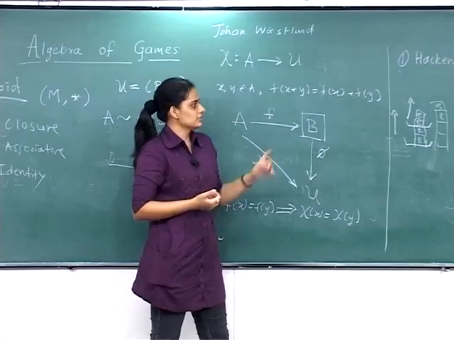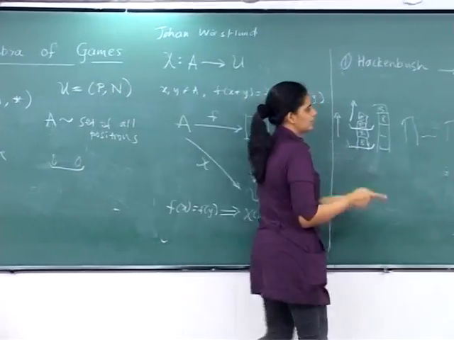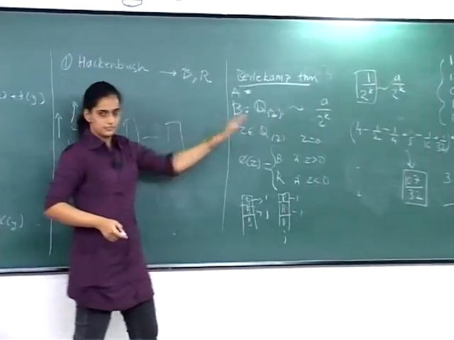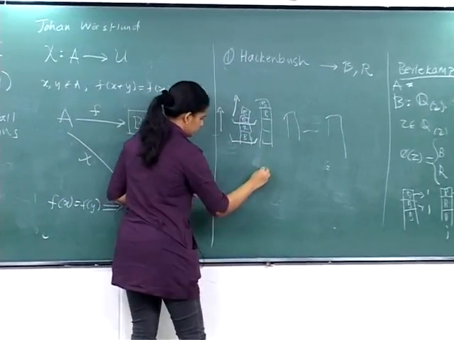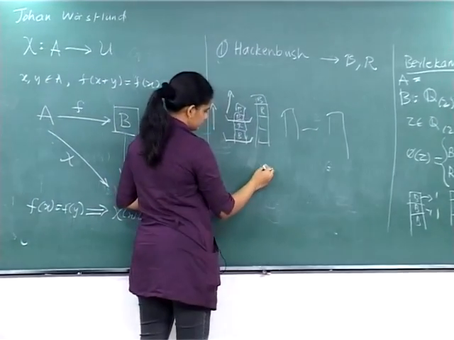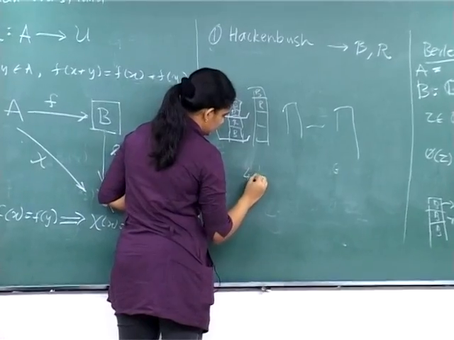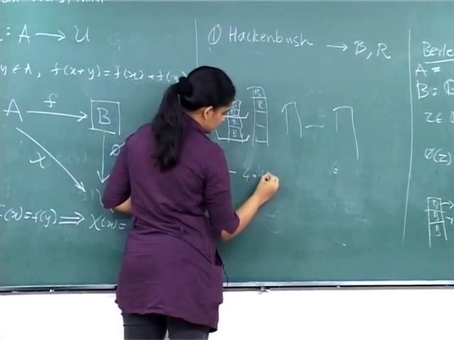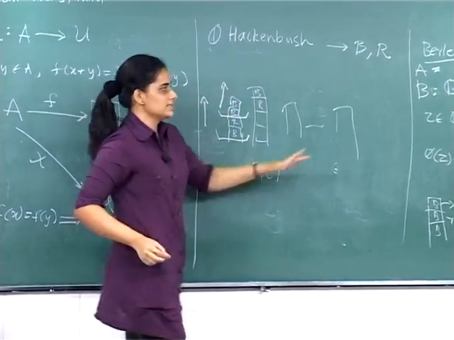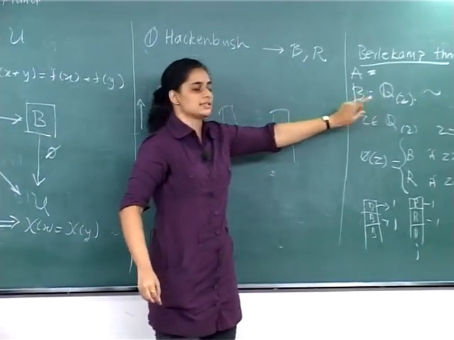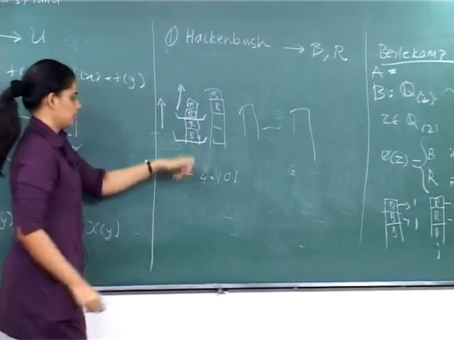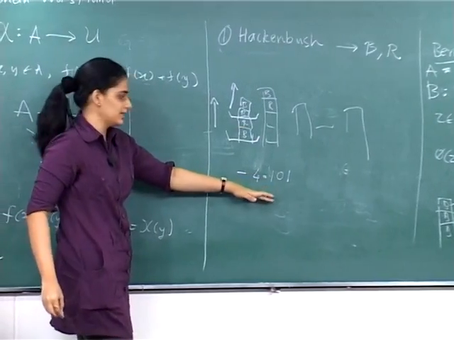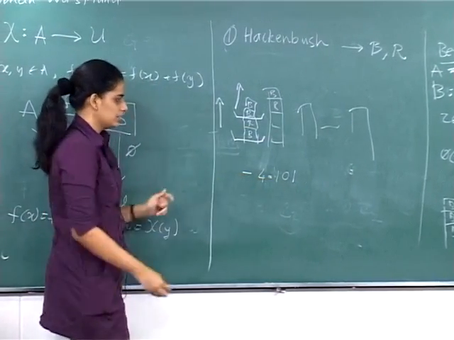So actually what we can do is, given any number of this form, say minus 4.101, given any string like this, we can construct a pile from it. So minus 4.101, what will it represent?